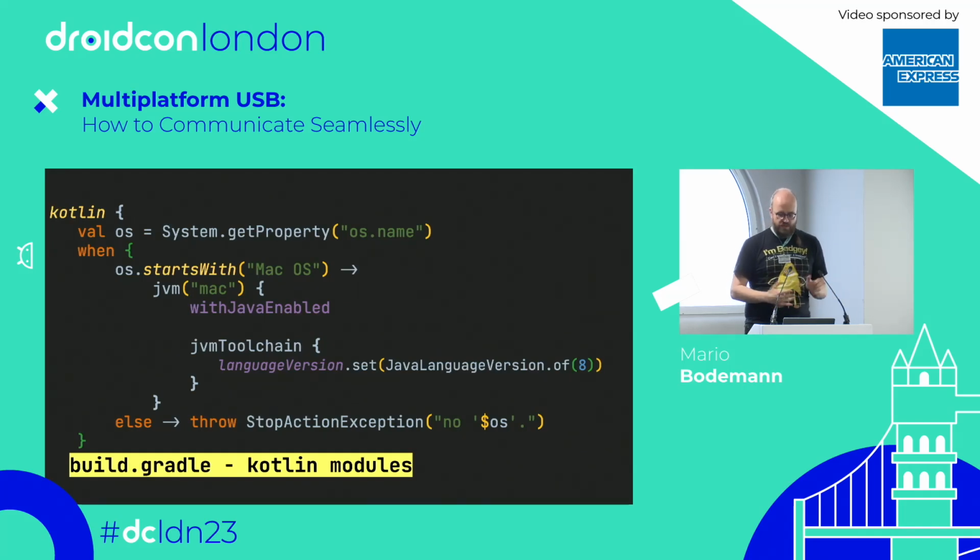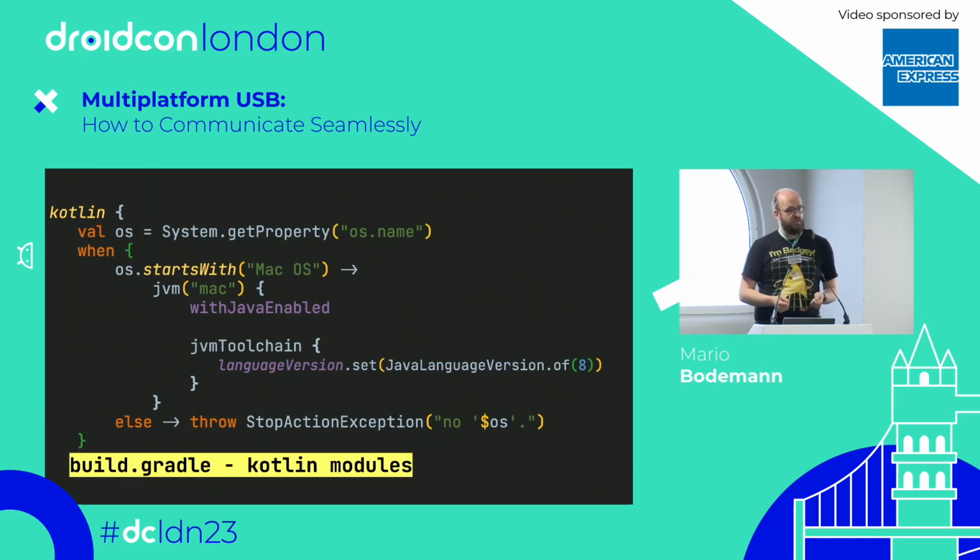And if it happened to start with macOS, let's assume that this is the macOS system you're working on. Then based on this information, we can create a new source set called Mac, and this is a JVM source set. And we can do the Java-enabled things on it.